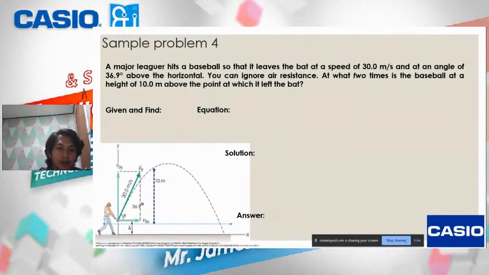But if we look at it, since our path is symmetrical, there should also be one on the other side. That's the reason why we are asked to look for 2 times, technically not necessarily hours. So, 2 times.